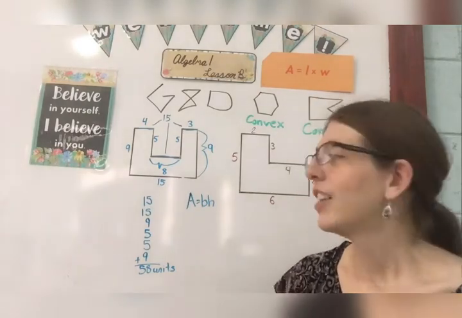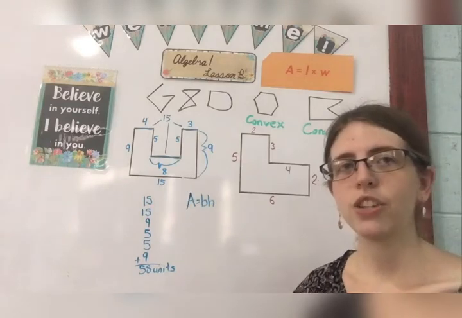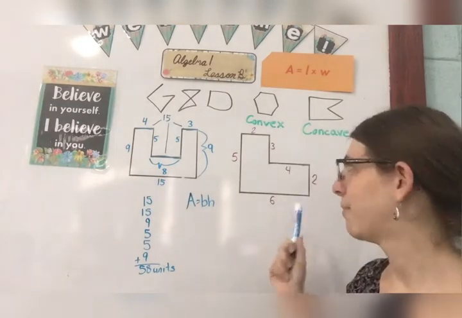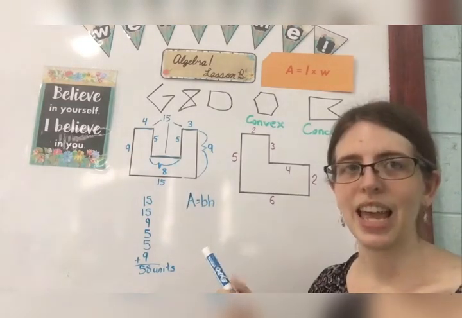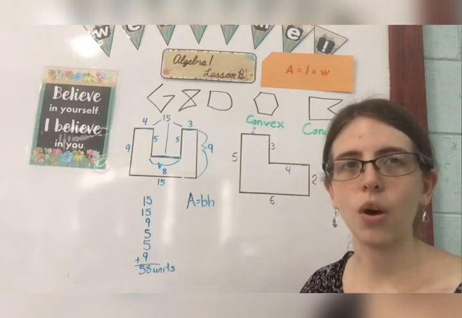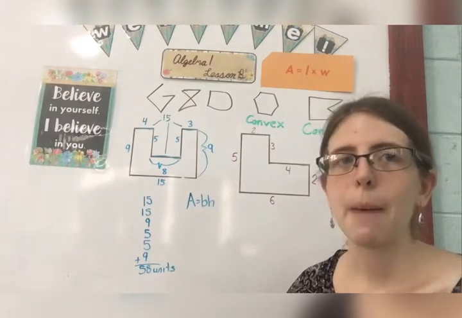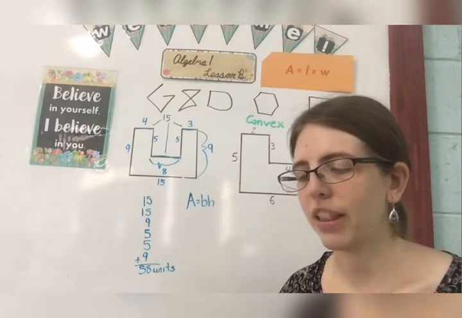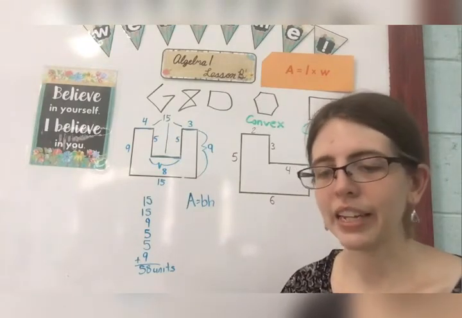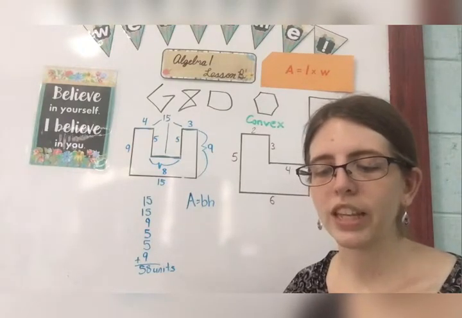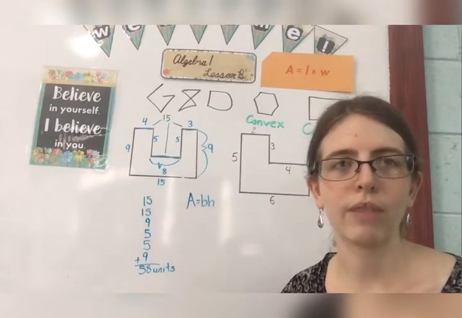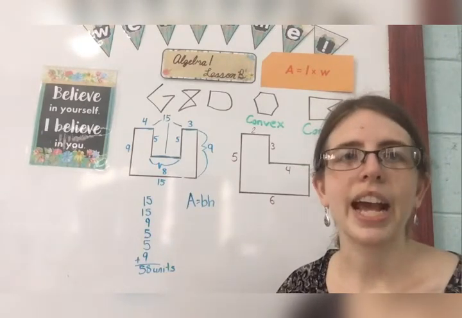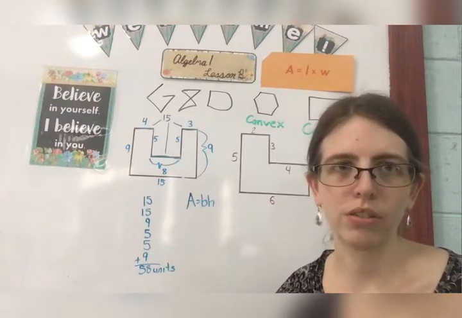Okay, so let's find the area. To find the area of a shape like this, I have to divide this into shapes that I know I can find the area of. Because the formula, area equals base times height, is only for squares or rectangles or parallelograms. It's only for quadrilaterals, okay?